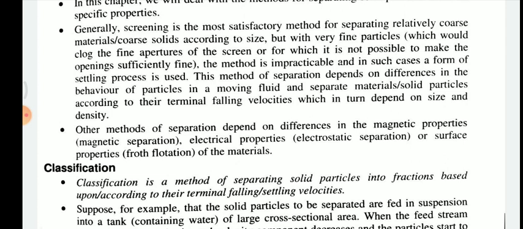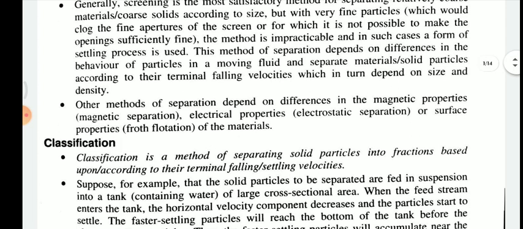Okay, so it also depends upon the density. The other method of separation depends on differences in magnetic property. In this chapter we are also discussing separation by magnetic property, meaning magnetic behavior is already in the particles.